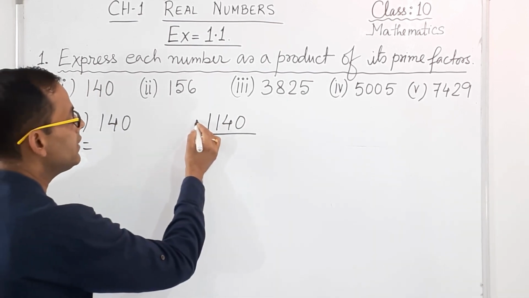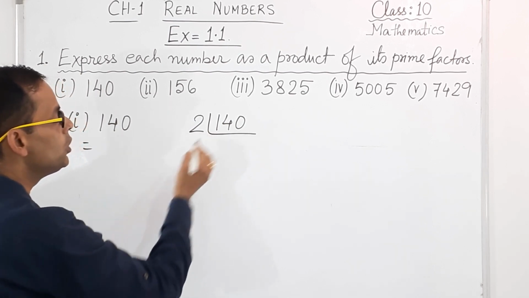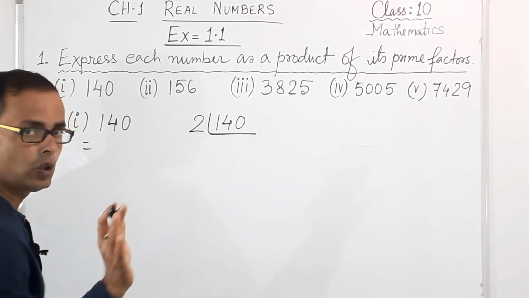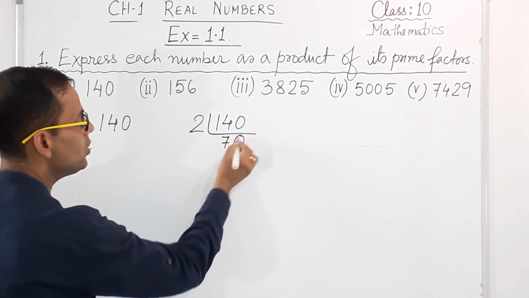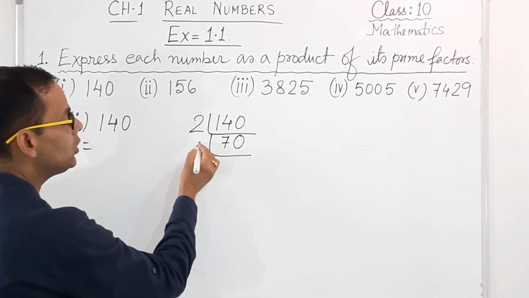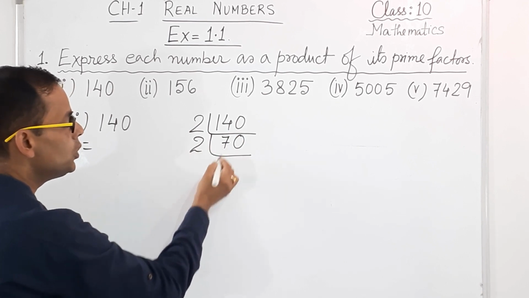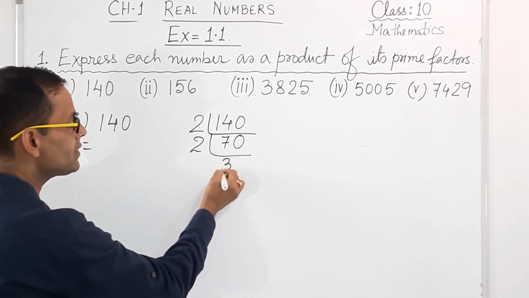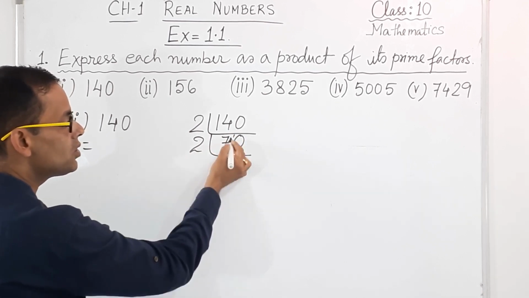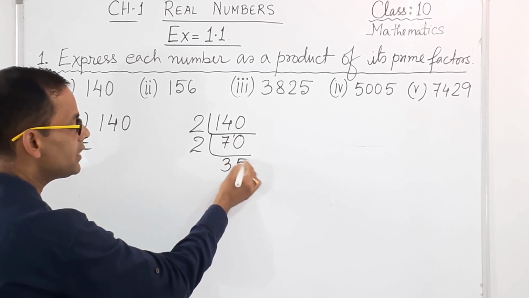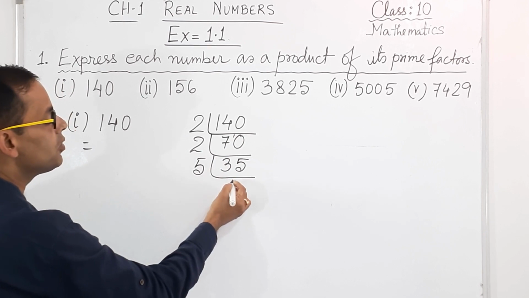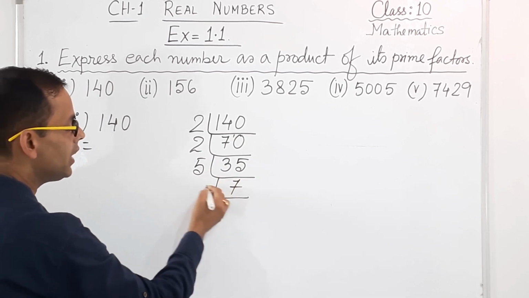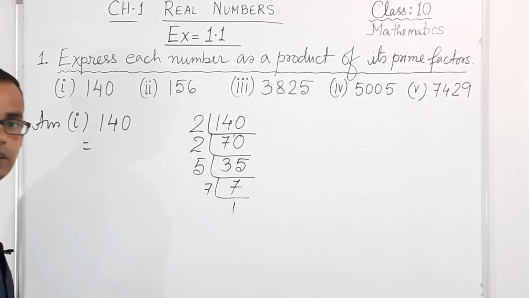First it will go with 2: 2 7s are 14, then 0. Then again I can go with 2, so it is 7. 2 3s are 6, 1 comes here, so now it is 10, 2 5s are 10. Now it will go with 5: 5 7s are 35, and then 7 1s are 7, clear.